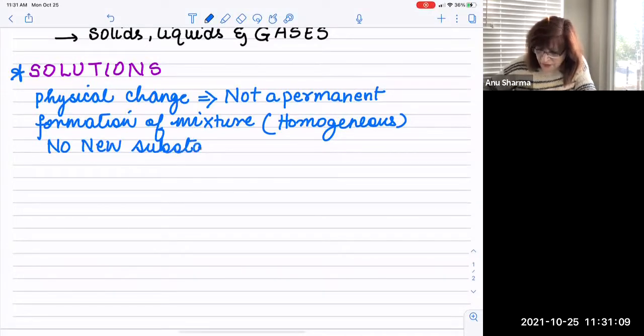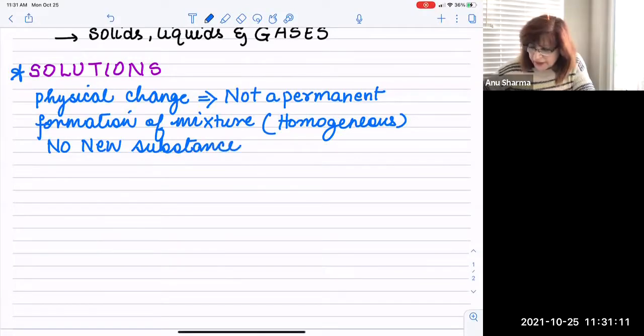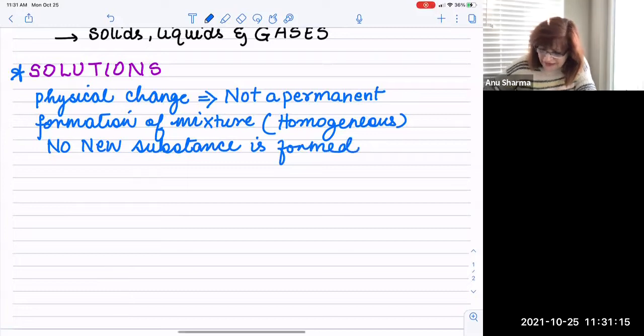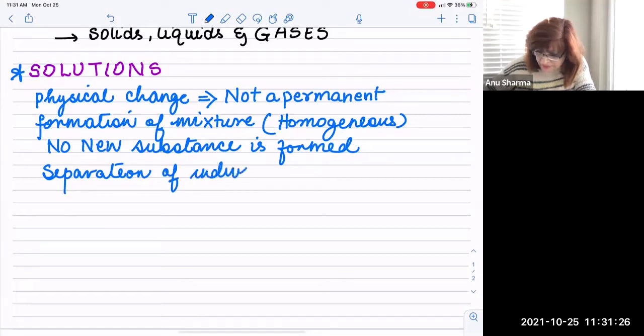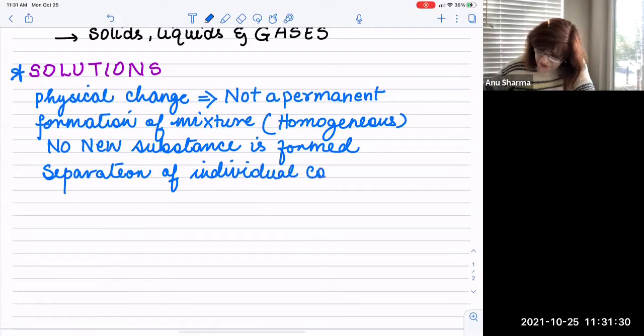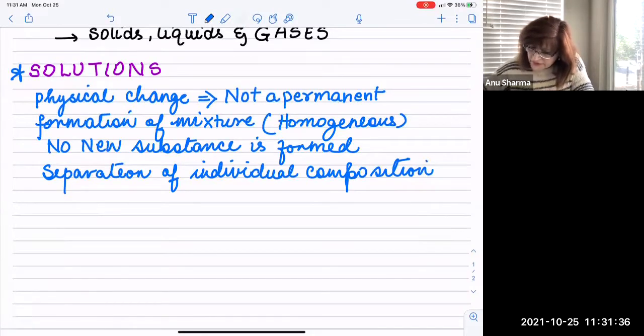This means that separation of the individual components by physical means is possible.